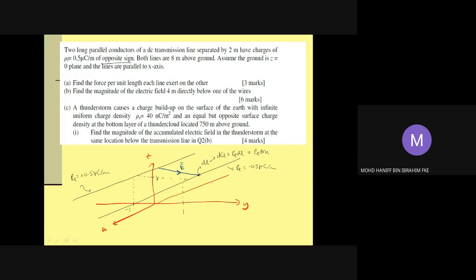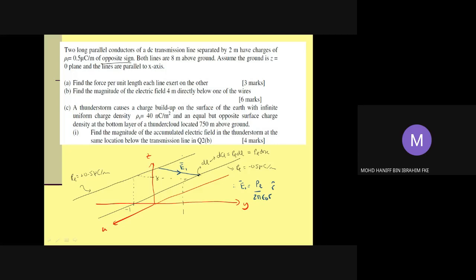So from what we have done previously, let's just write this E field as E1, yeah? So we can see that E1 will be equal to positive rho L over 2 pi epsilon naught R in the direction of R, because this is infinite in length.